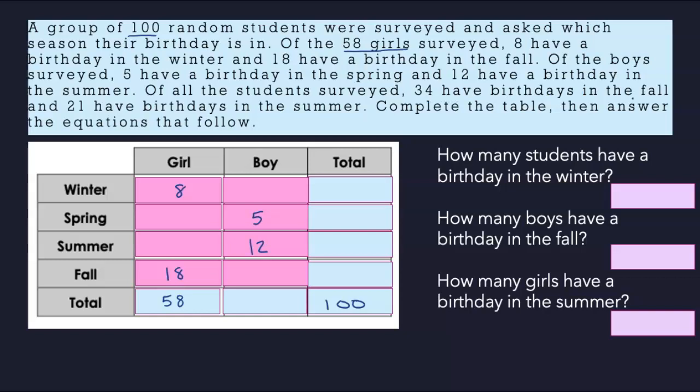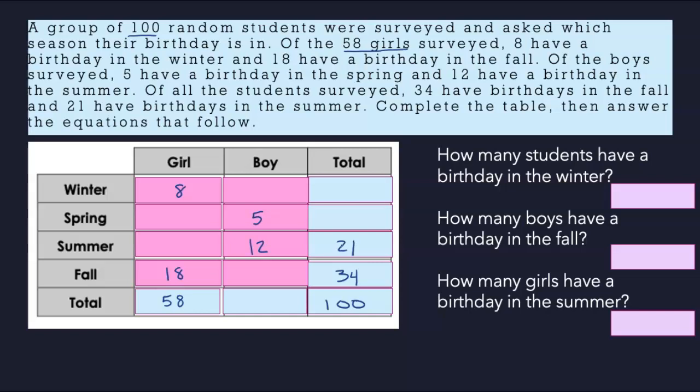So the total here, the total boys and girls have birthdays in the fall is 34. And 21 have birthdays in the summer. So let's go to summer, 21. All right, we filled it in.